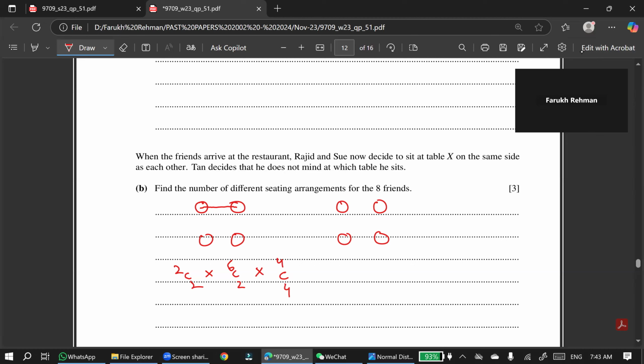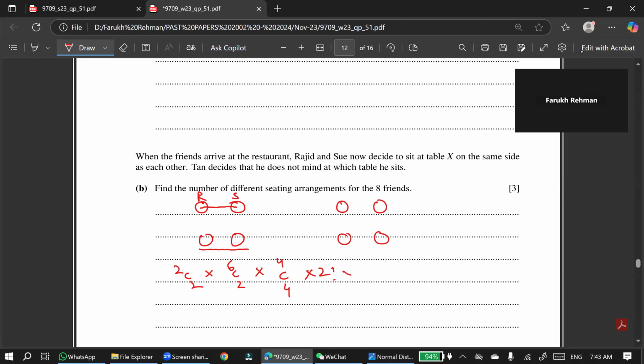Now we want to arrange these combinations. Now there is a possibility. Rajit and Sui can be arranged in 2 factorial ways on this side of the table. Now there is a possibility that they can sit on this side.